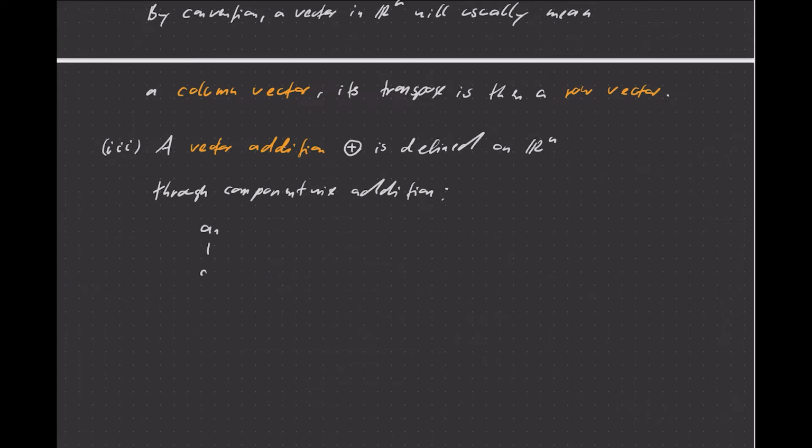If you have two vectors and you add them, so a1 to an and b1 to bn, then the sum of those is defined as the vector with components a1 plus b1 to an plus bn.